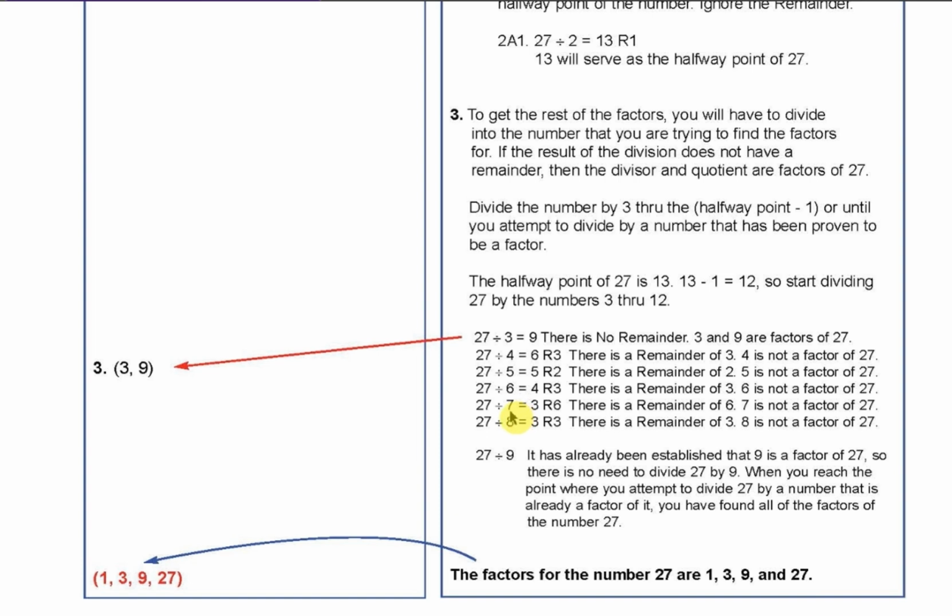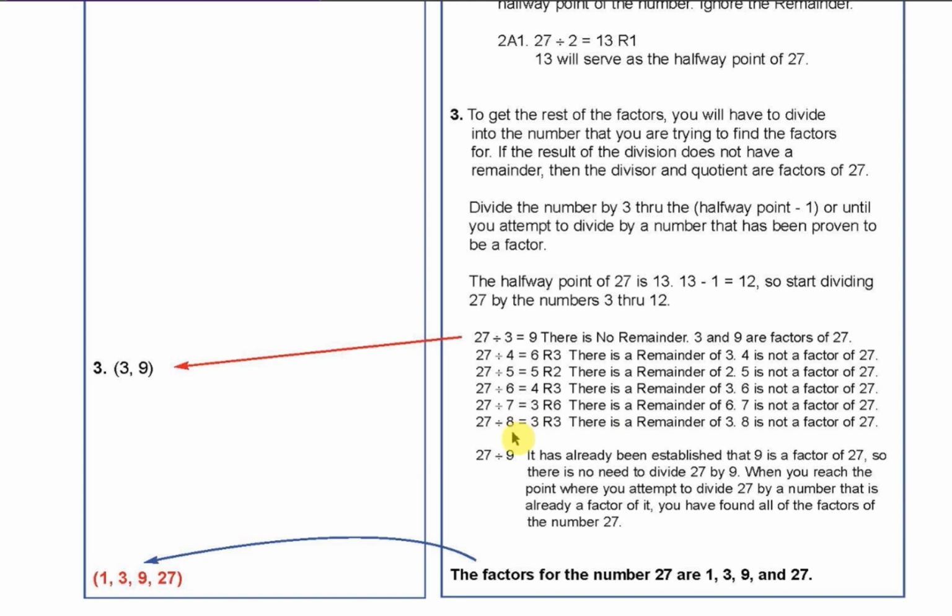Next, we divide by 7. 27 divided by 7 equals 3 with a remainder of 6. There is a remainder of 6. Therefore, 7 is not a factor of 27 because there is a remainder.